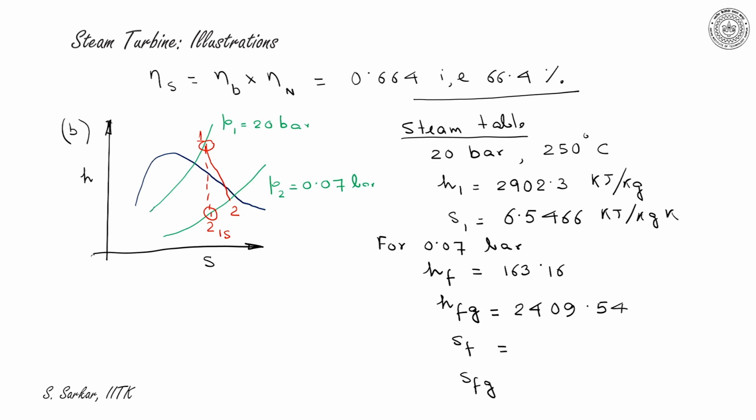SF, I've got 0.5582 kilojoule per kg per K, and SFG as 7.7198.